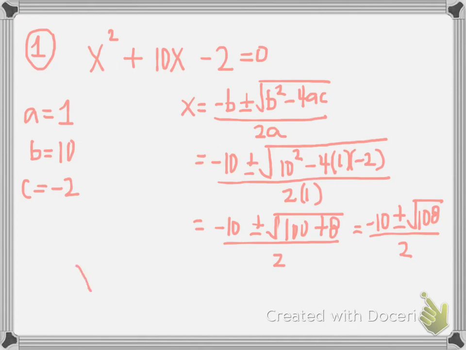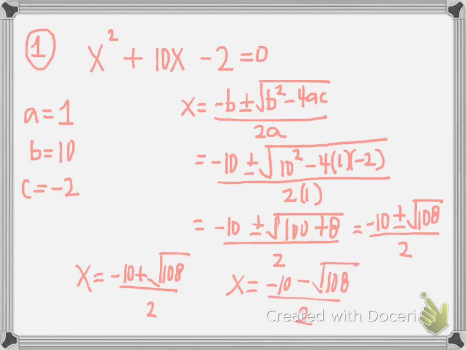Okay, so that means x is going to be negative 10 plus the square root of 108 all over 2, and x is going to be negative 10 minus the square root of 108 all over 2. Okay, so the square root of 108 is not a perfect square, so it's going to be a decimal.